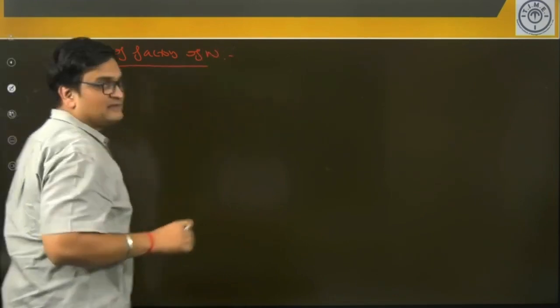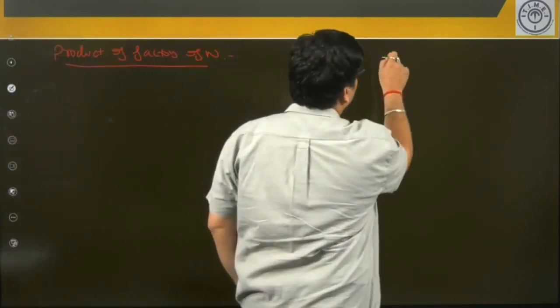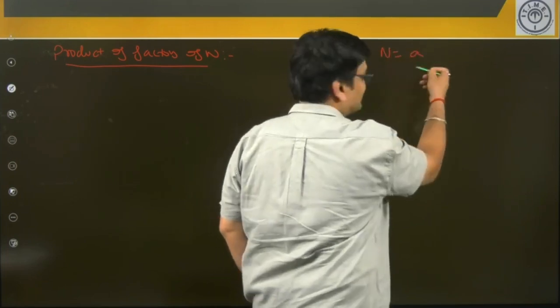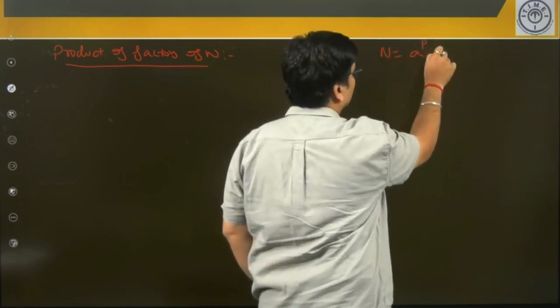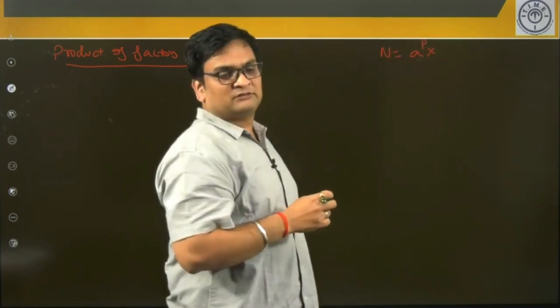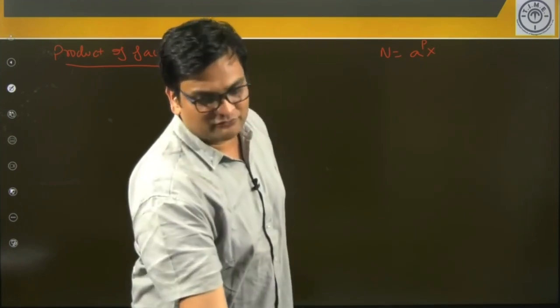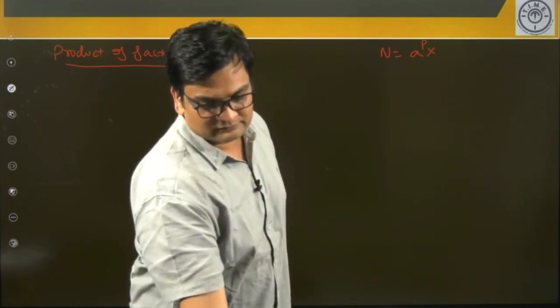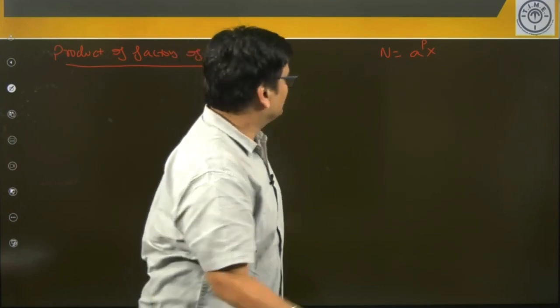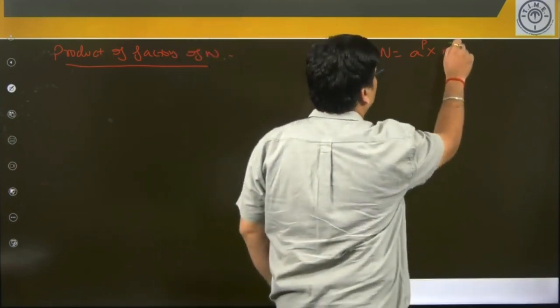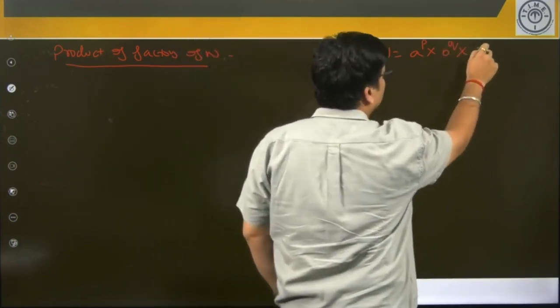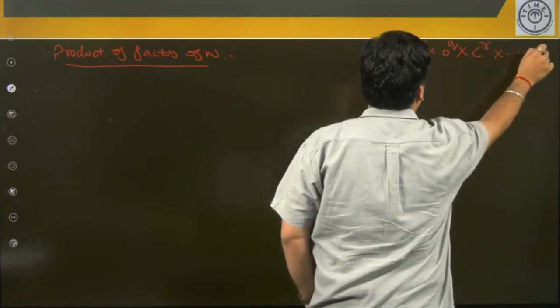Now, just to recap, what is n? N in prime factorized form looks like this: a to the power p into b to the power q into c to the power r, and so on.